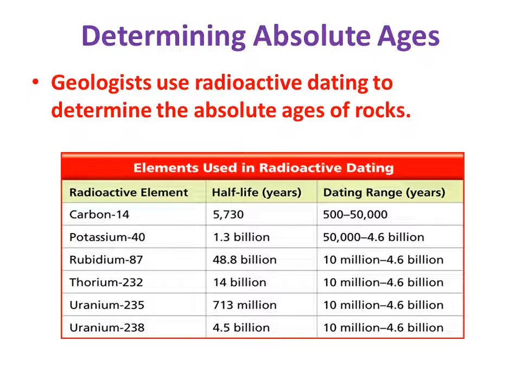For these reasons, it can be used to date fossils or rocks only up to about 50,000 years old. The amount of carbon-14 left would be too small to measure accurately. Also, most rocks do not contain much carbon.